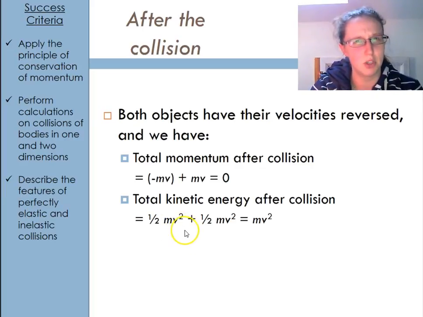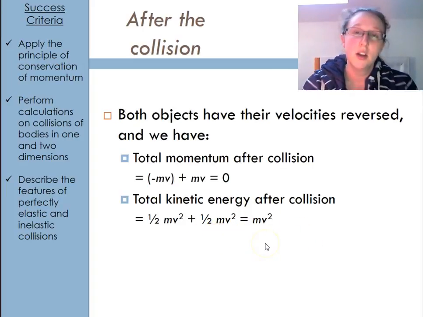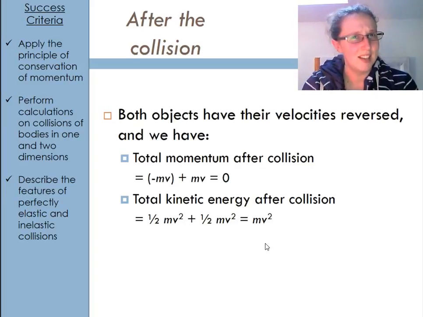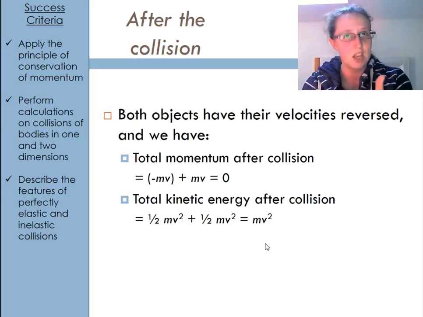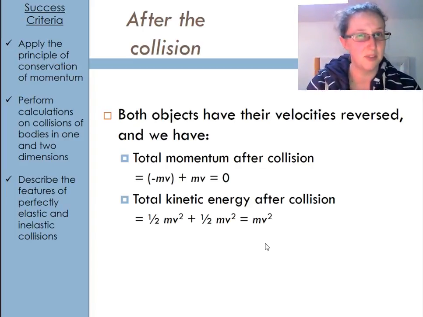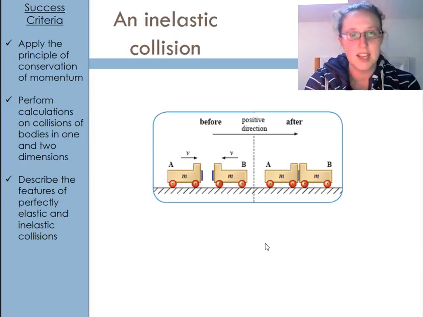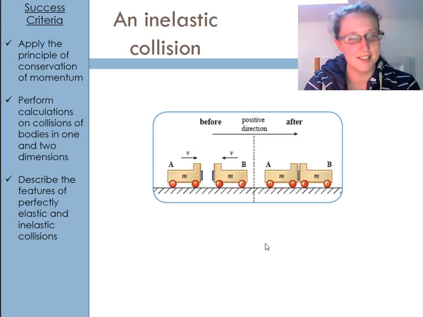I assume you knew that though. And then my second one has a half mv squared, so it comes out at mv squared. So basically, in an elastic collision, momentum is conserved, kinetic energy is conserved. Total energy within the system is also conserved, obviously, but we can throw that one in as an extra.